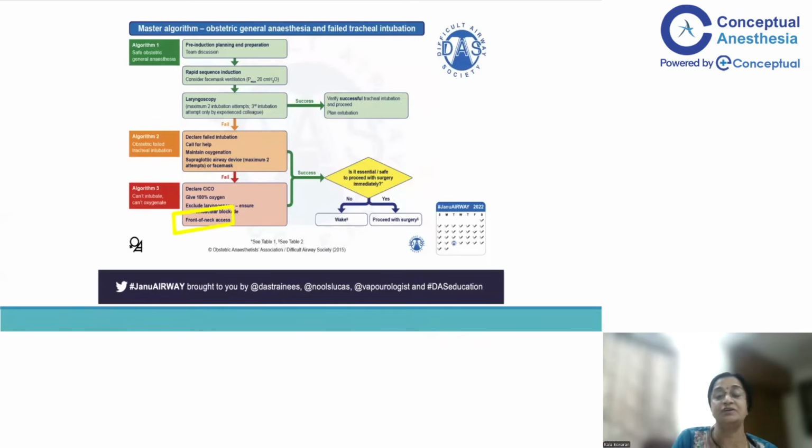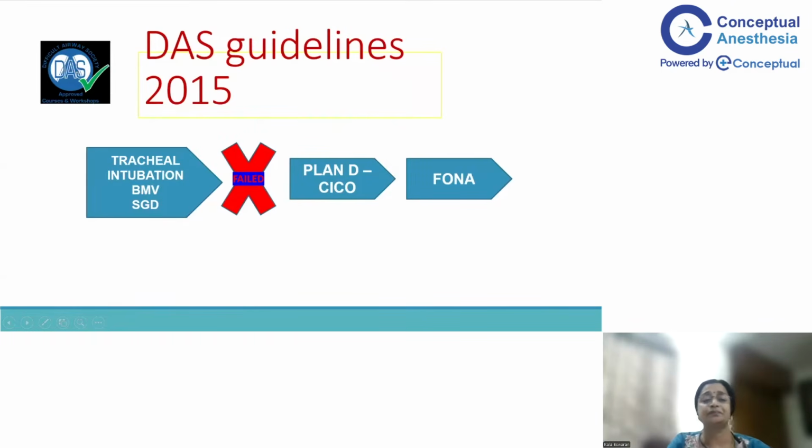In obese patients where you have failed tracheal intubation, when you declare CICO, give 100% oxygen and go for front of neck access. So the main thing is difficult tracheal intubation, difficult bag mask ventilation, and even the supraglottic airway device, when they fail, you declare CICO or plan D, that is FONA, front of neck access. It's now called emergency airway access.